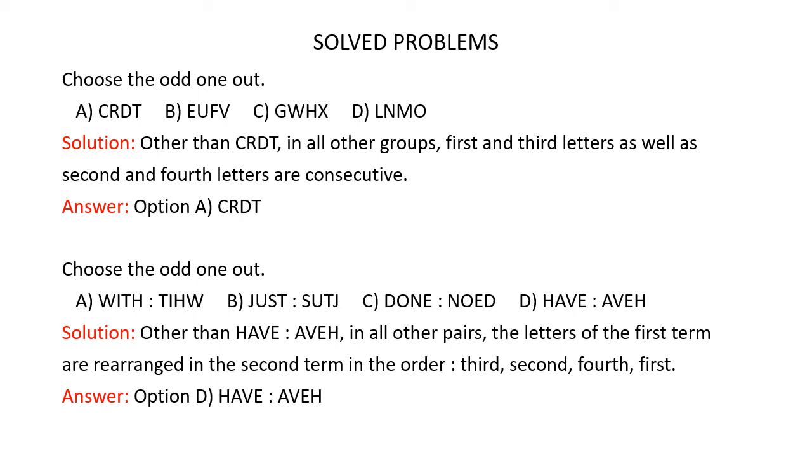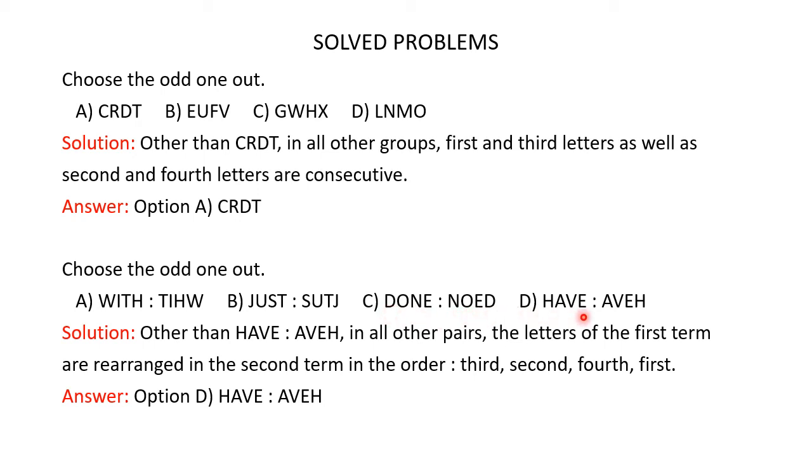Similarly, in option B, the letters of the word just are rearranged in the order third, second, fourth and first to get SUTJ. Also, in option C, the letters of the word done are rearranged in the order third, second, fourth and first to get NOED.